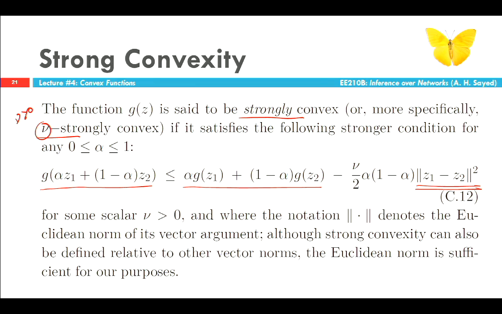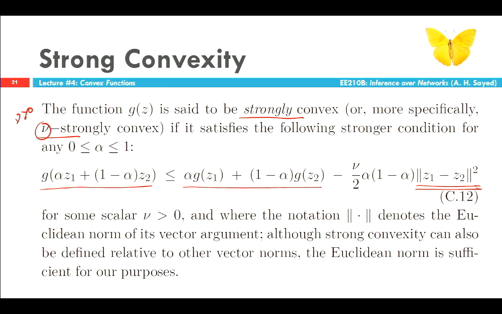Therefore, for strongly convex functions the global minimum is also unique. It can only have a global minimum and it's unique, just like strict convexity. So far, so good. So strict convexity and strong convexity imply that the cost function has a unique global minimum. No other local minima, local maxima, and so forth.